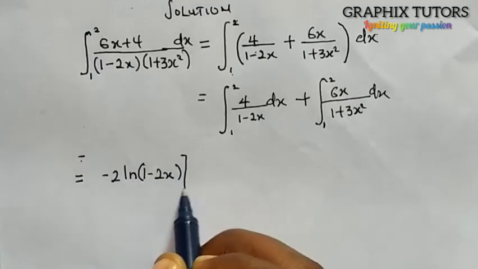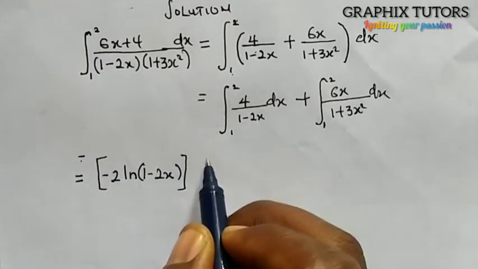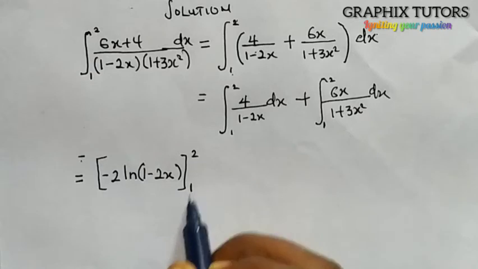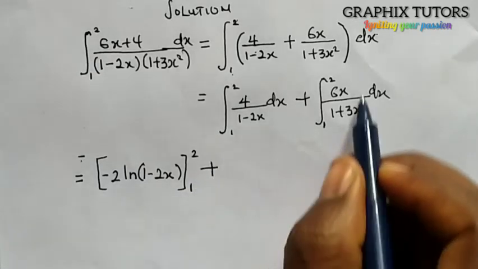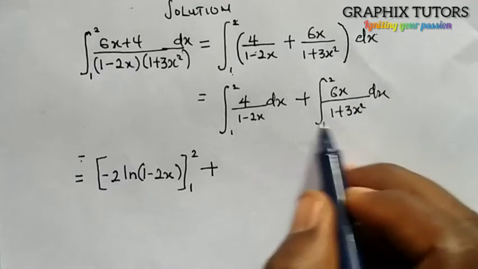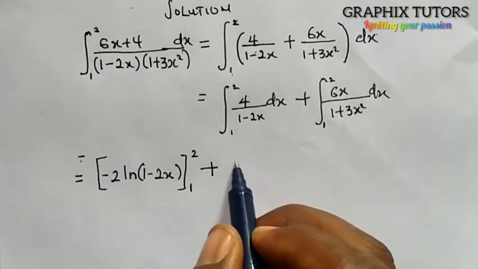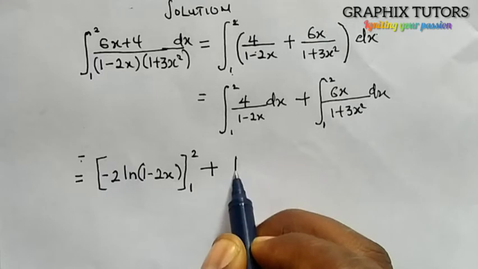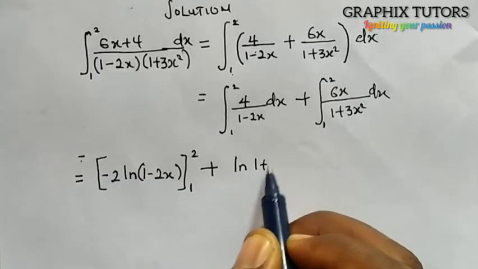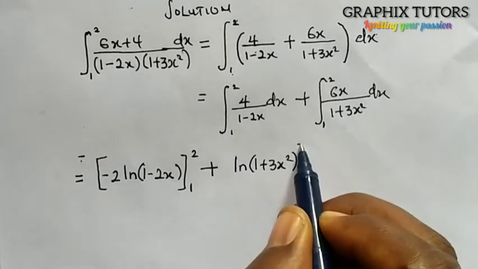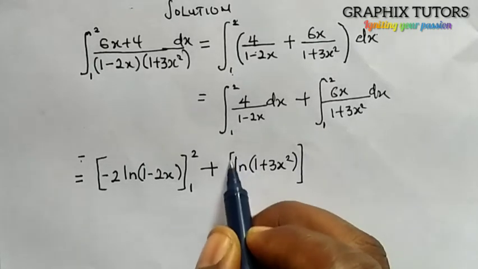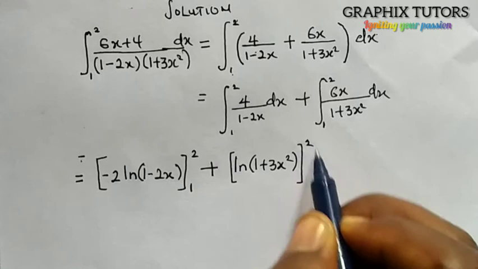So open this up and we'll be having 2 to 1, right? So plus, you do the same thing here also, and in this case we'll have ln (1 plus 3x squared), close the bracket, into bracket 2 to 1.